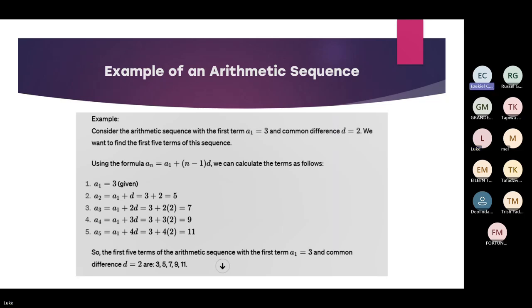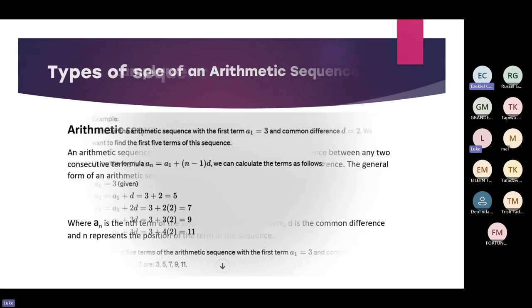I have a question there. You are using the formula A n is equal to A1 plus n minus 1 times D. Can you quickly explain what is A n, what is A1, what is n and what is D?